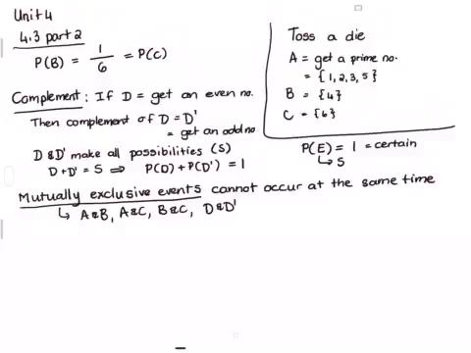Right. Let's look at another word. So be careful: independent events. You get the complement, you get the mutually exclusive, you get the independent. Independent events, I'm just going to say, have no effect on each other, and then I'm going to explain what I mean by that.